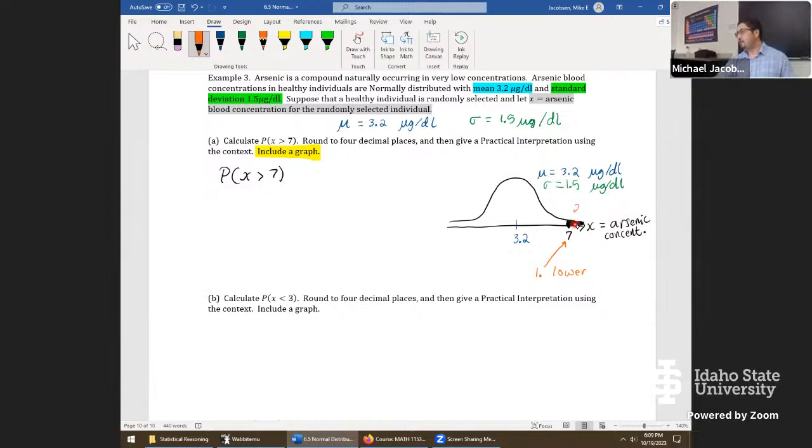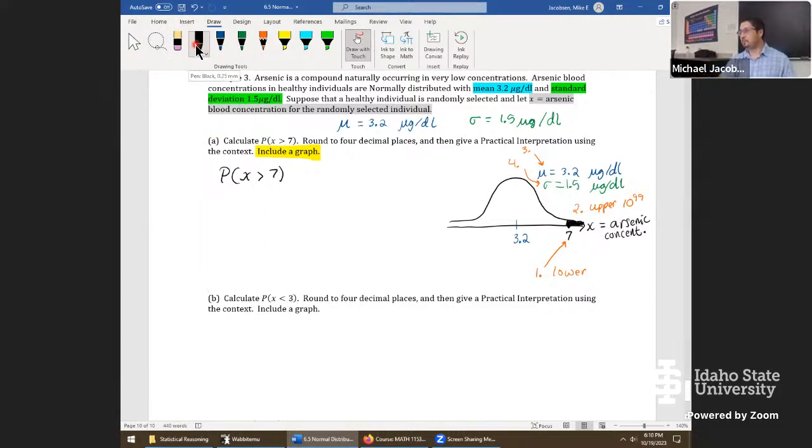And so we'll have to say here, the upper bound is 10 to the power of 99, putting in the largest supported integer inside our calculator. That's our approximation to infinity. And the last two things are always going to be 3.2 for the mean, 1.5 for the standard deviation. So that's our setup so far. We just have to import all that into the calculator and we'll have our probability.